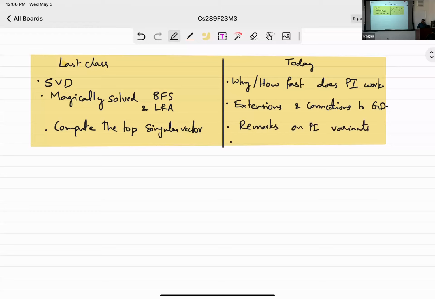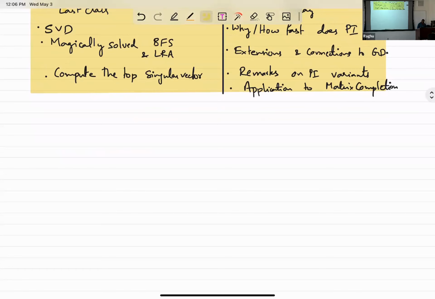And finally, we'll see one more application to matrix completion. An even better application than just directly applying low rank approximation, right? When we discussed matrix completion, the Netflix challenge, we said one approach is to just put zeros for the missing entries after you center them and use the low rank approximation as your first guess, right? And we'll build on power iteration to do something better later on, okay?